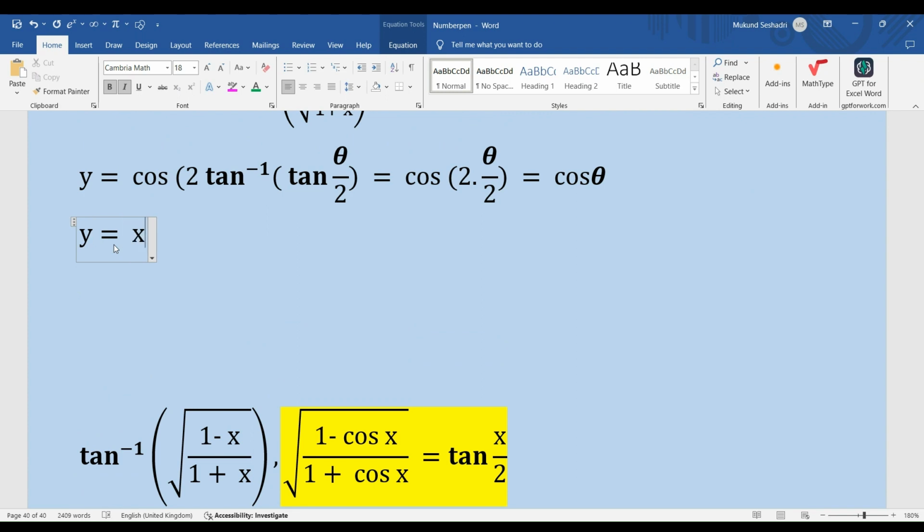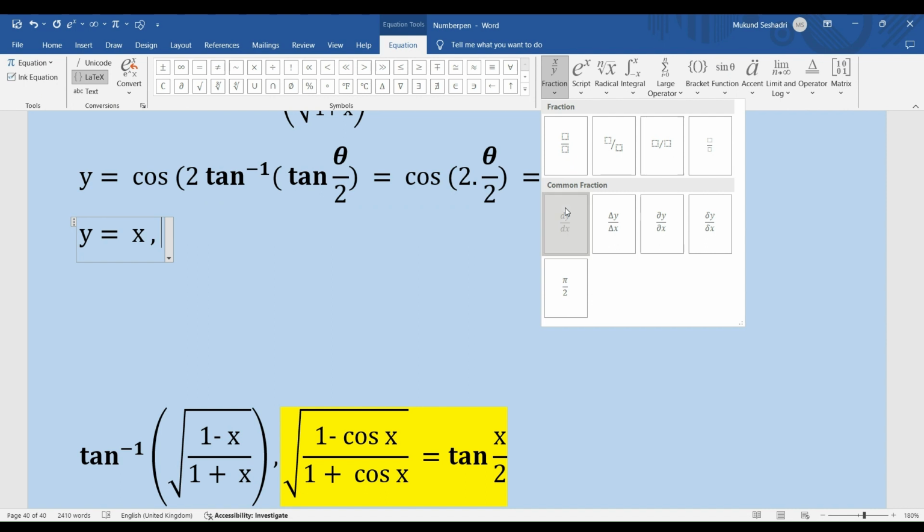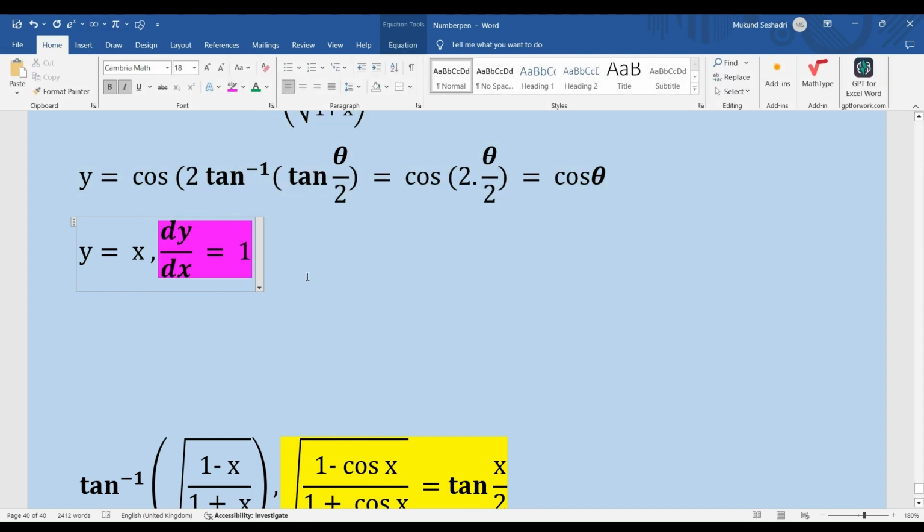I'm just putting back theta in terms of x, and x equals cos theta was the original substitution. Therefore, now my y equals x. So now what is my dy by dx? My dy by dx is very simple. It's equal to 1. So let me highlight it in pink. So that's our final answer.